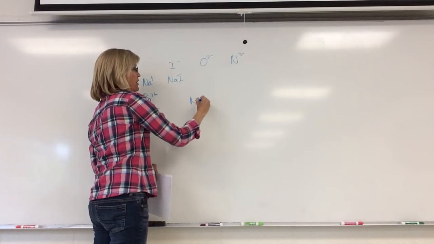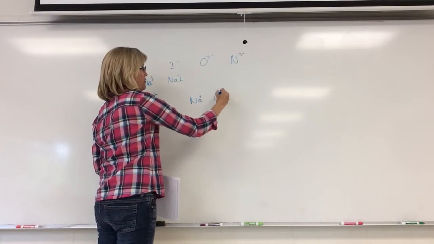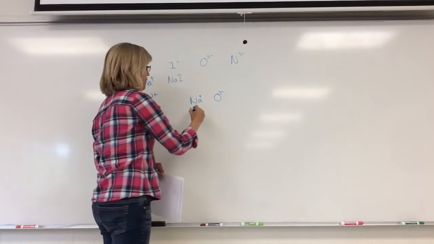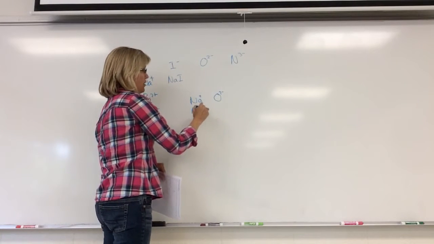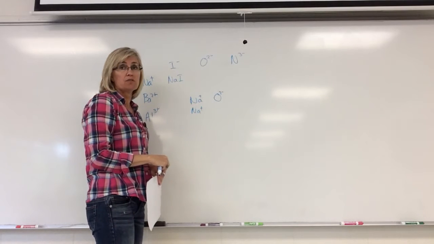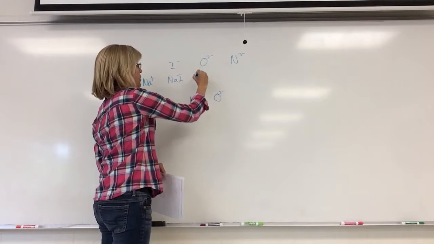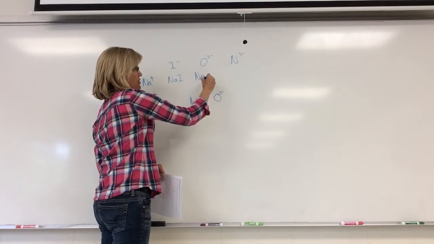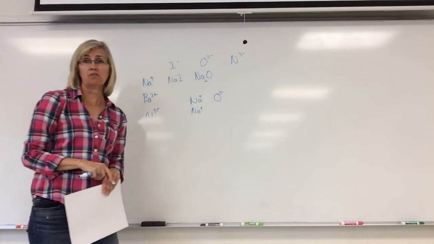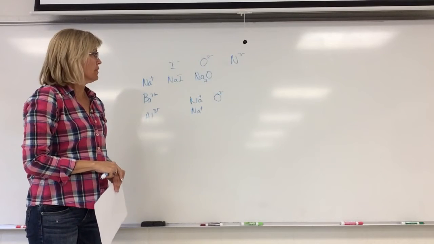However, when I have a +1 and a -2, then I have to get this neutral, and how I do that is I need 2 sodiums for every 1 oxygen to balance it out. So I would write that as a subscript, 2 sodiums for every 1 oxide.